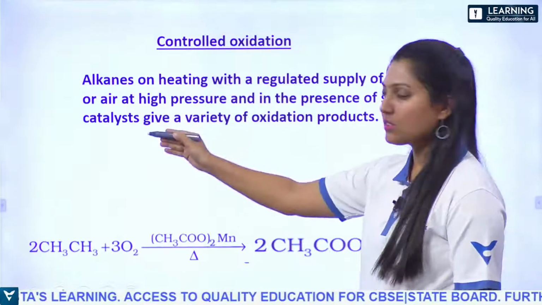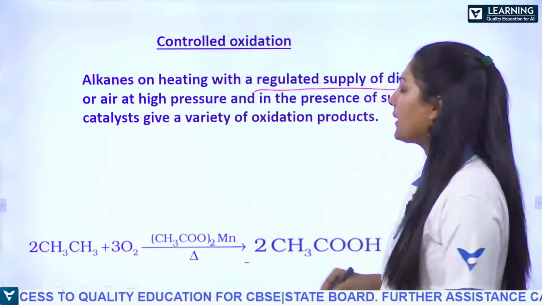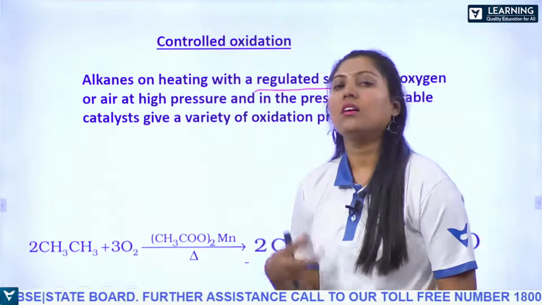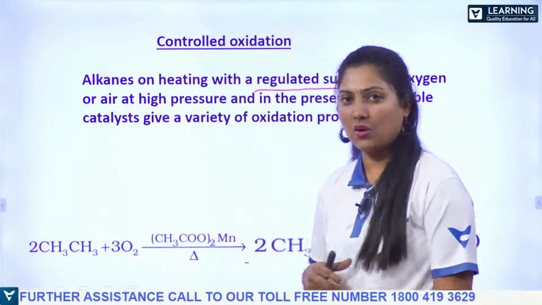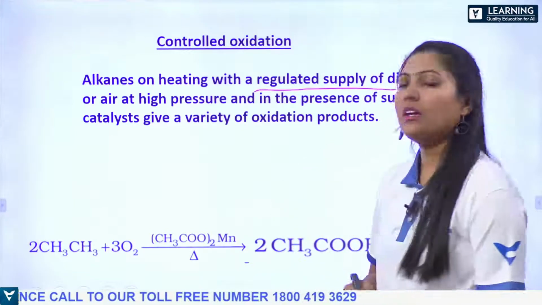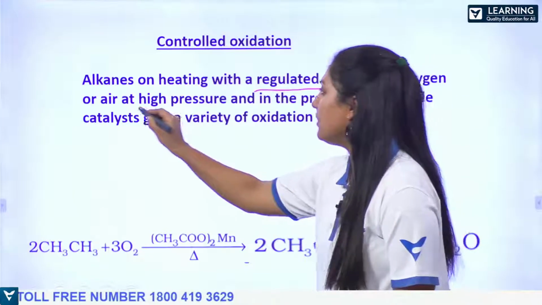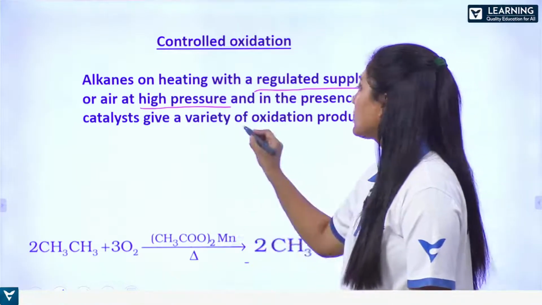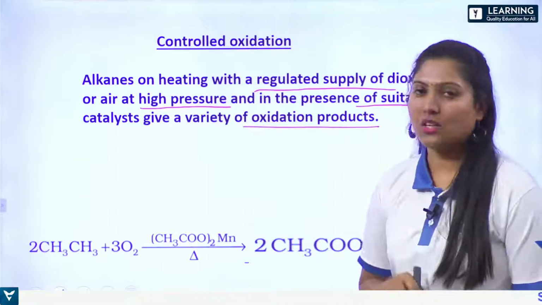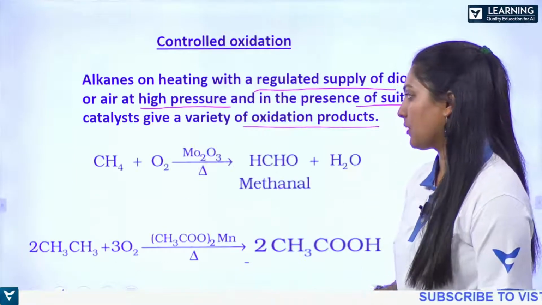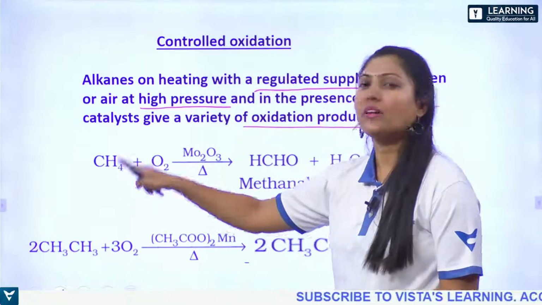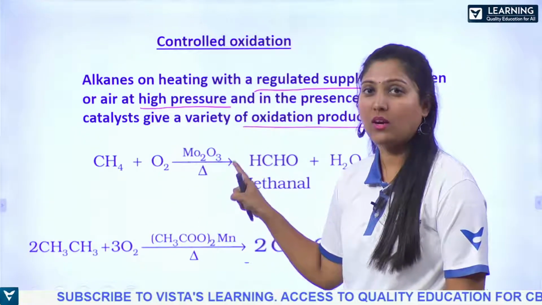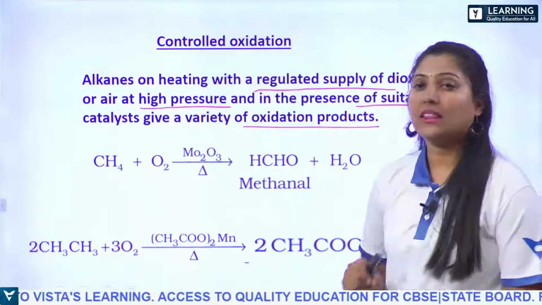Alkanes on heating with a regular supply of dioxygen or air. If you say just air, it is understood that it contains oxygen, so we can just mention dioxygen or air. At higher pressure and in the presence of a suitable catalyst, this gives a variety of oxidation products. Here you can see methane, when reacted with oxygen in the presence of molybdenum trioxide, gives methanal.